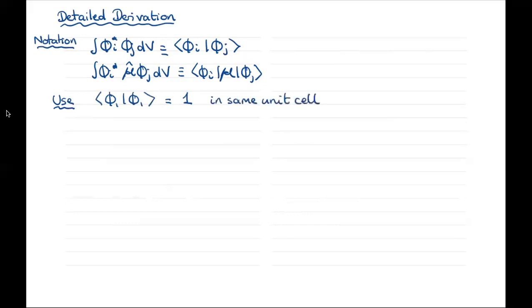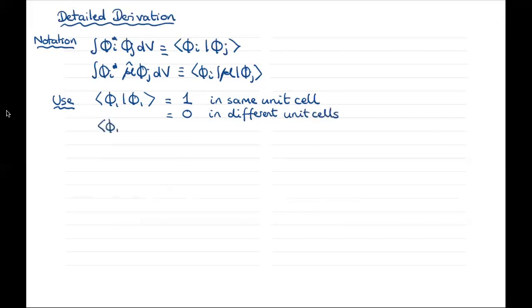If we're looking at two phi 1 orbitals in different unit cells, then these two atomic orbitals are actually different from each other, and this integral will be 0. So if the phi 1s are in different unit cells, then this integral is going to be 0.